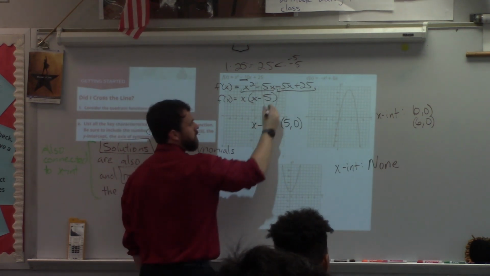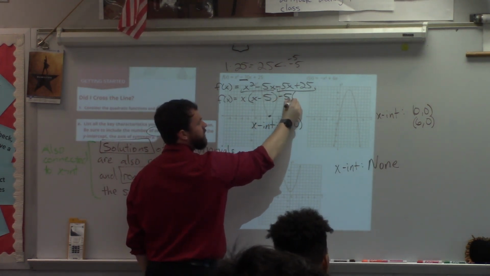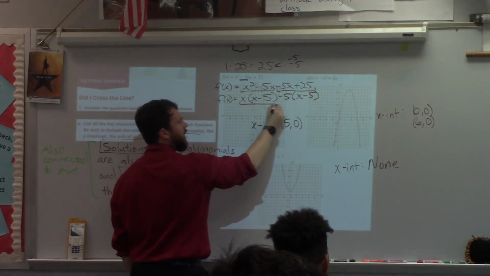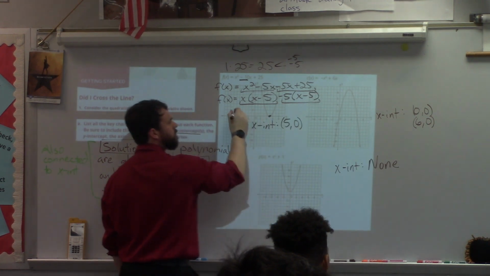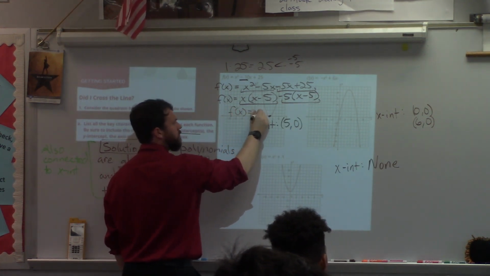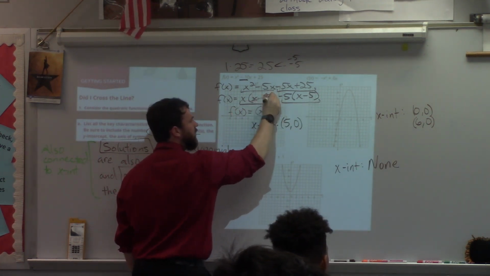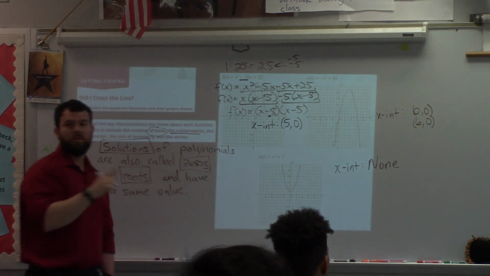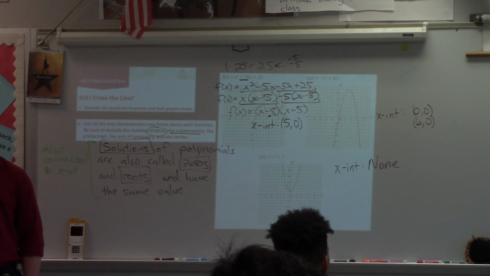Negative 5. So I want to factor out a negative 5 so that I'm left with x minus 5. What do these have in common? x minus 5. When I factor out those x minus 5s, I'm left with x minus 5. So was Saquon correct that we have the same root, x equals 5?